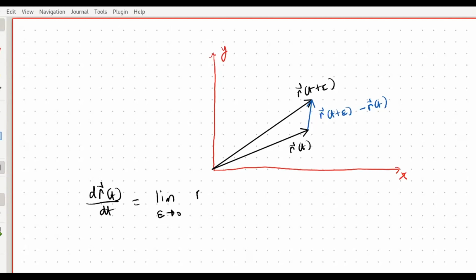Clear ba so far? Okay pa? Okay po. Sige. So ganyan yung definition, di ba?